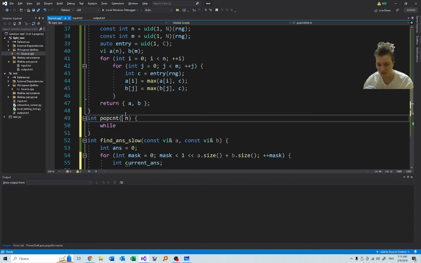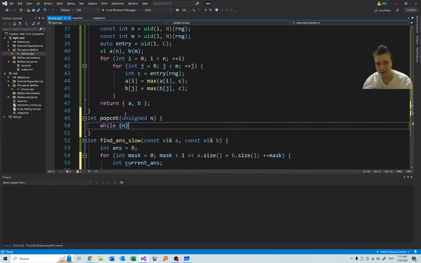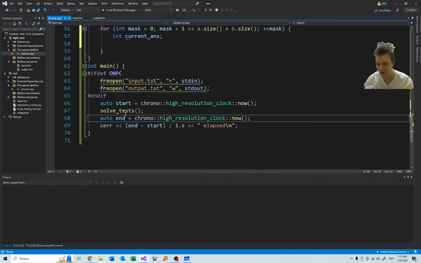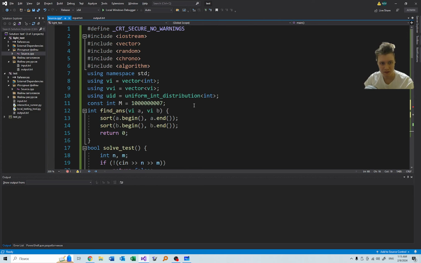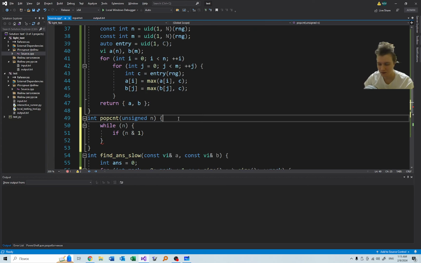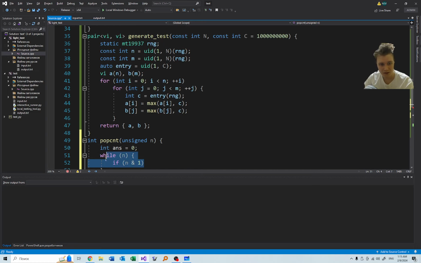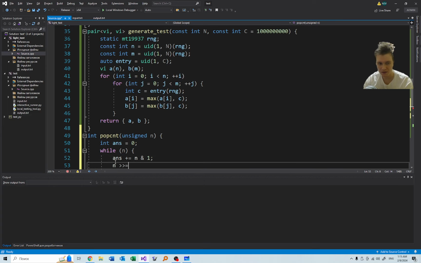So while n, if n and 1, so like int ans equals 0, ans plus equals n and 1, and divided by 1, and return ans.